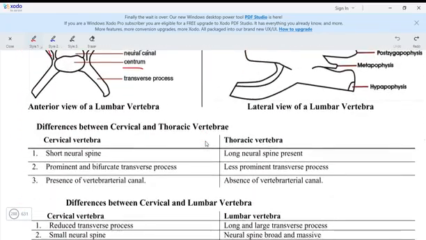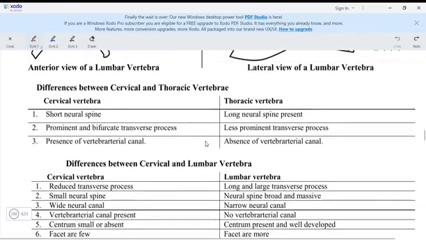So that leads us to the differences between cervical and thoracic. Cervical is the neck bone, thoracic the chest bone. For cervical, the neural spine is short. We have done that from the beginning; if you draw it, you will see the neural spine is short. But in thoracic, the neural spine is long.